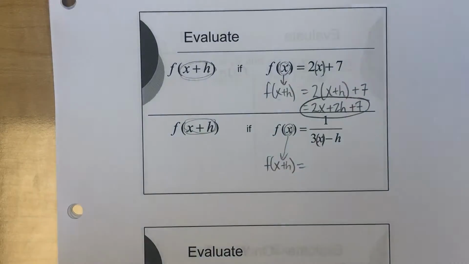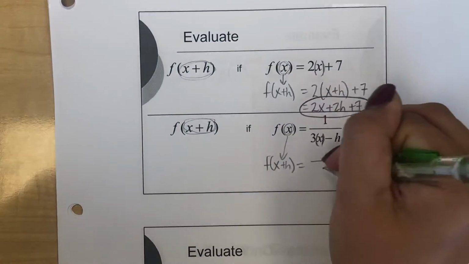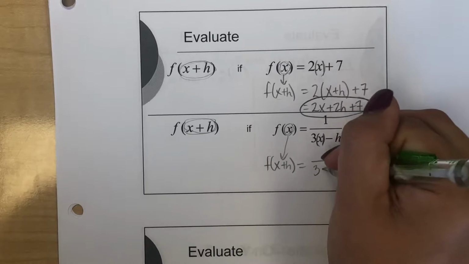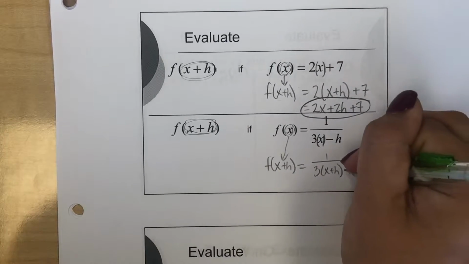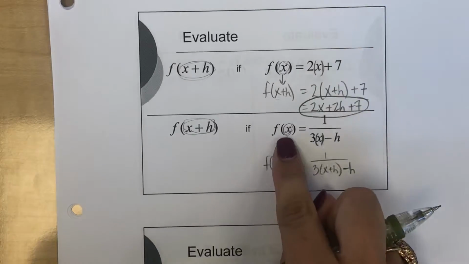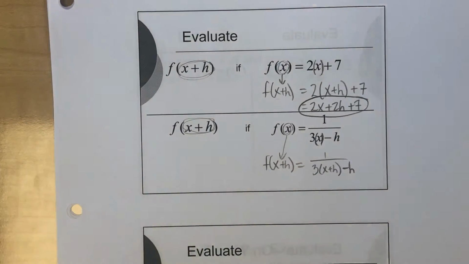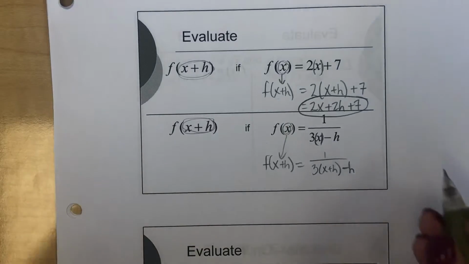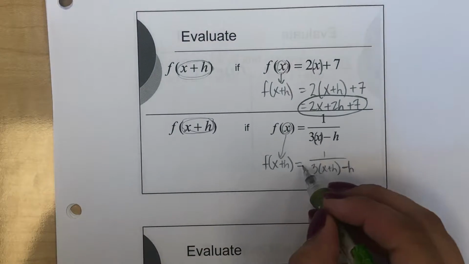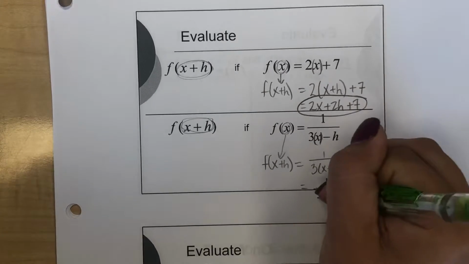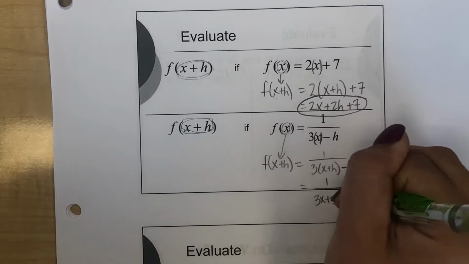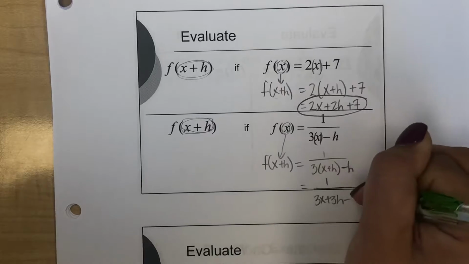All right, let's come back together. So 1 over 3, I'm going to replace the x with x plus h, and then the h just stays. It's just chilling. It could have been an 8 instead of an h, it's just there. So I'm going to distribute this out. So 1 over 3x plus 3h minus h.